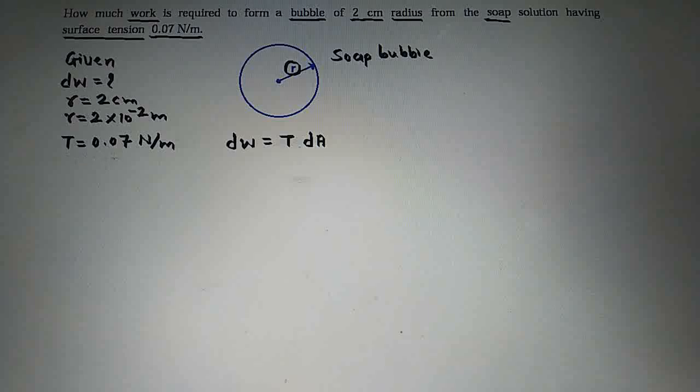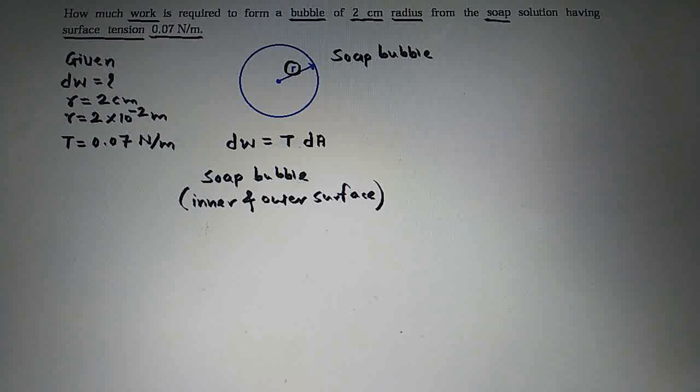We have the value of surface tension T, but we have to find out the surface area of this soap bubble. As this is a soap bubble, this soap bubble has two surfaces. One is the inner surface and the second one is the outer surface.